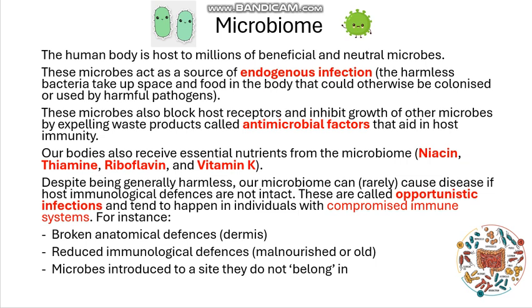Our microbiome, so these random beneficial and neutral microbes that we have all throughout our body, they act as one of our lines of defense against pathogenic infection. Our bodies also receive some essential nutrients from these microbes. For example, niacin, thiamine, riboflavin, and vitamin K are some of the examples that you might want to note down.